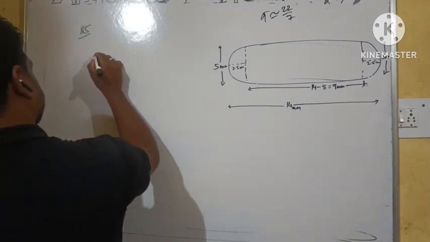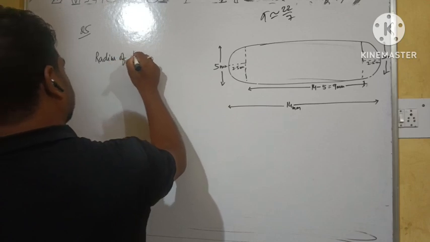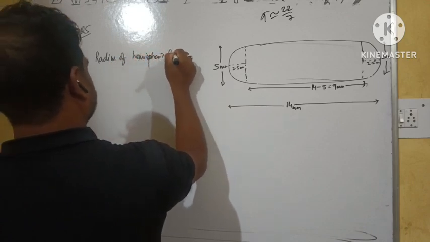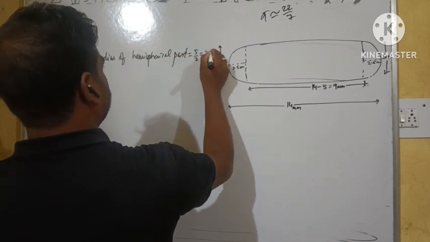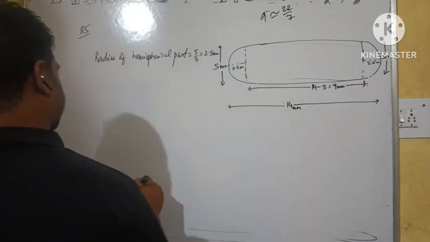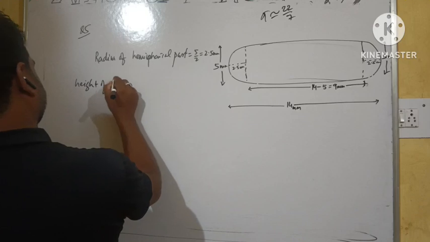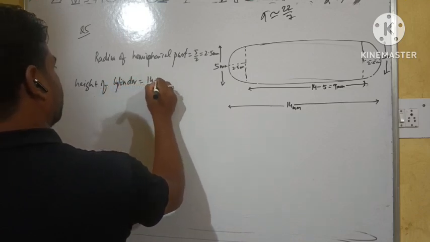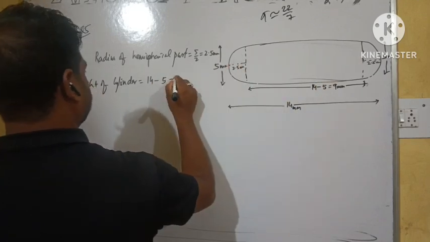The radius of the hemispherical part is 2.5 mm, and the height of the cylinder is 14 minus (2.5 plus 2.5), which is 9 mm.